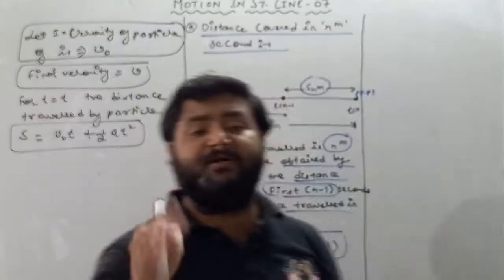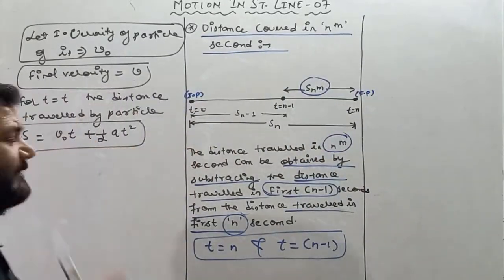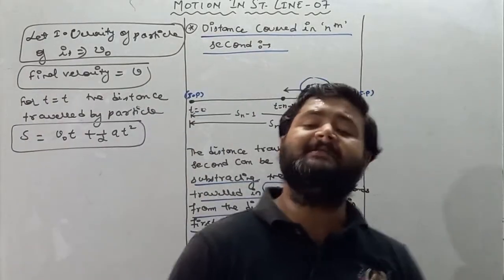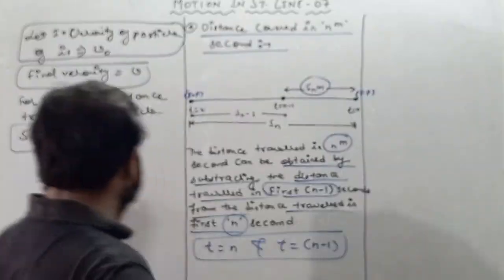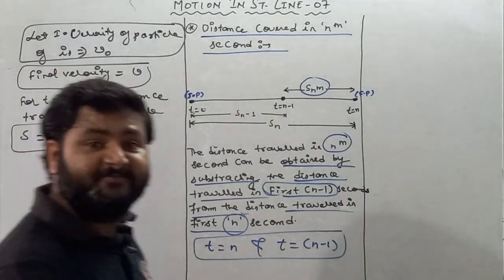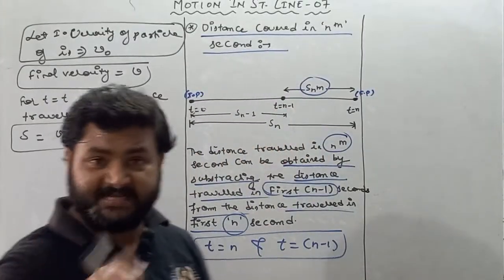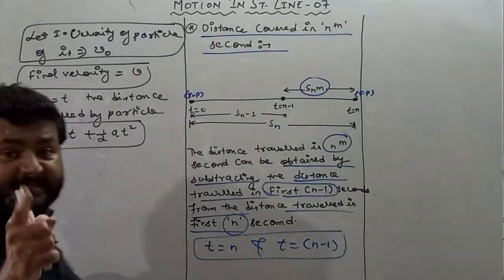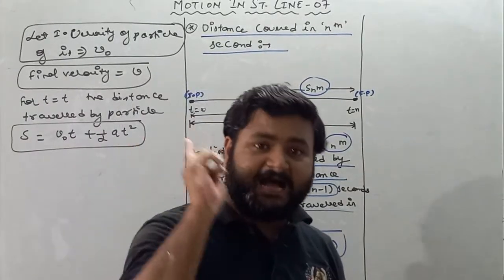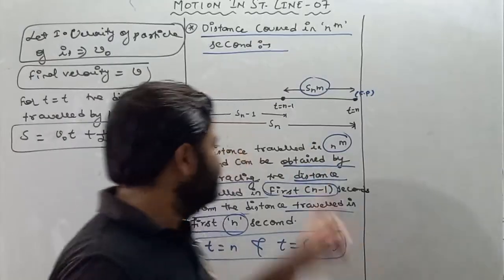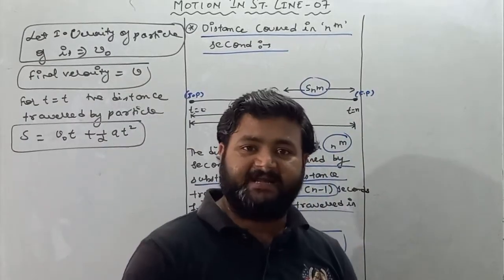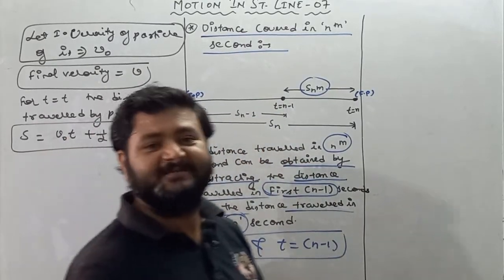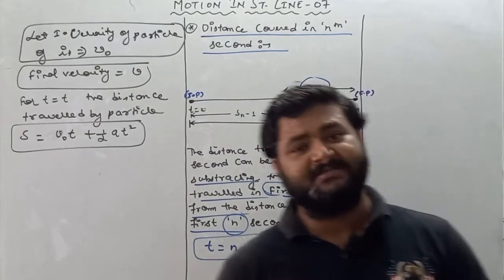That's why instead of magnitude of displacement, I'll use the word distance. Why? Because our particle is moving in a straight line. Rest, this equation is nothing but the equation of displacement. Remember this thing, I am asking again and again that this equation is nothing but the equation of displacement. Here I am saying distance just because my particle is moving in a straight line, and if a particle is moving in a straight line, then magnitude of displacement and distance both become equal.